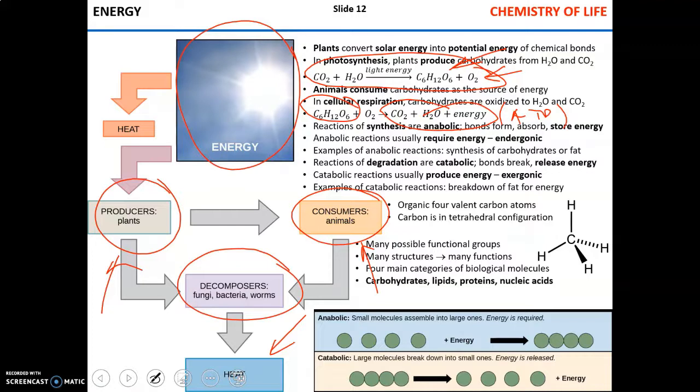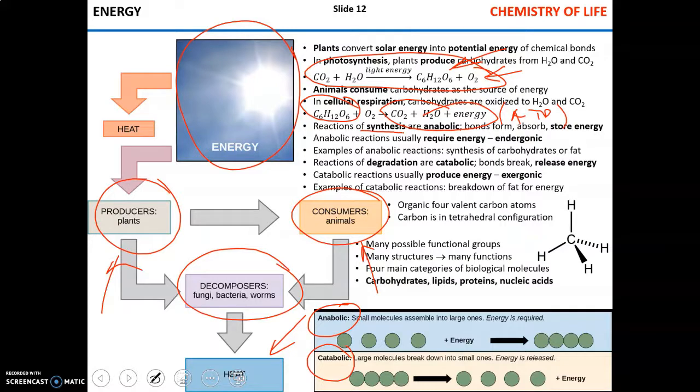Now, let's say a few words about the reactions that occur in living organisms. Reactions in living organisms can be divided into anabolic and catabolic. Anabolic reactions are reactions of synthesis. Anabolic reactions form bonds, and that bond formation requires energy.